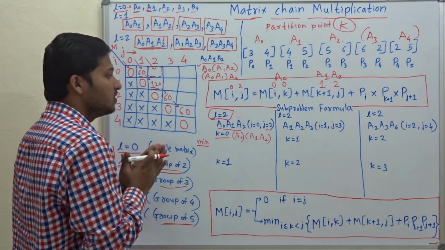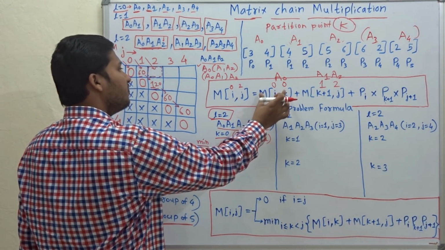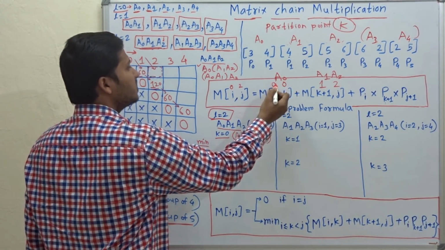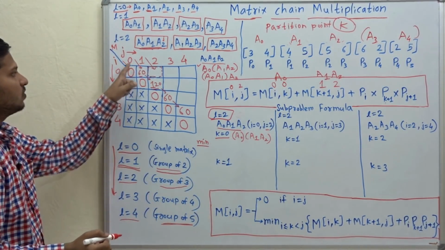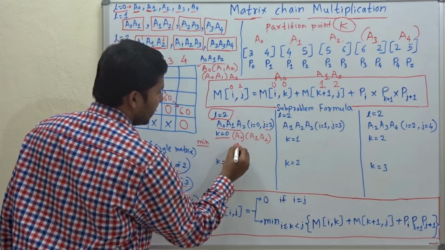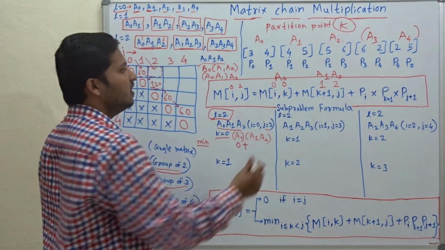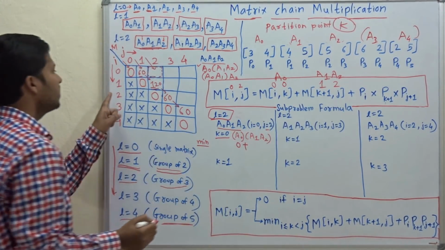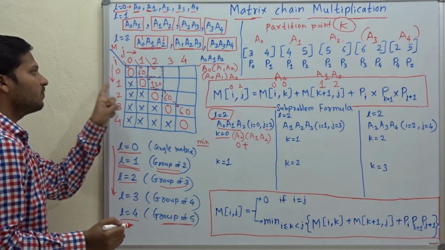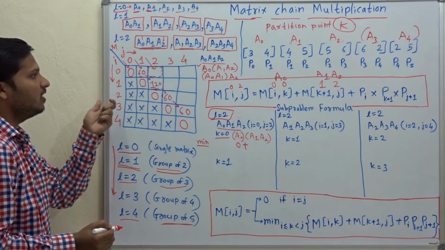Now, how to find out the cost? We know the cost. We have memorized the cost for 0, 0 and that cost is 0. So for A0 the cost is 0 plus for A1, A2 also we have memorized the cost. That is what dynamic programming is all about. We are memorizing the values.